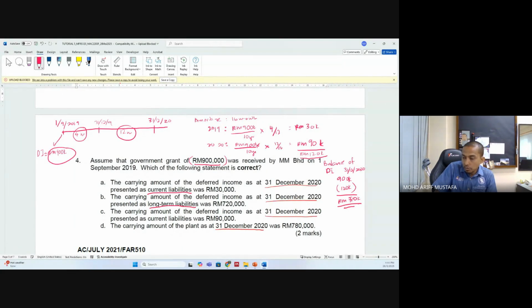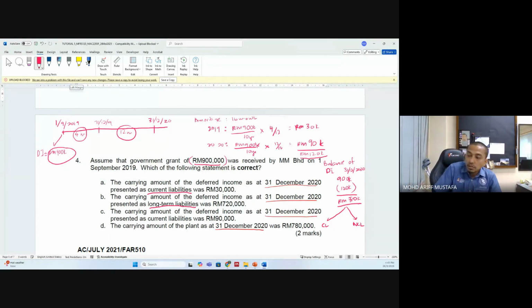So this is the balance at 31st December 2020. Out of this, similar to the topic of lease, some of this figure is going to become current liability and some is going to become non-current liability. What is the definition of current? Current is going to be realized, or in this case, amortized within 1 year.